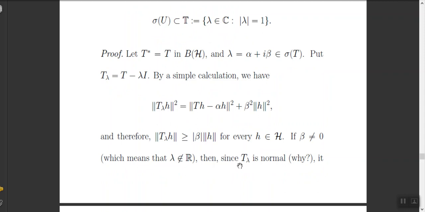Then, since T lambda is a normal operator, why is it normal? Let me give you some indication. You have to show that T lambda commutes with T lambda star.